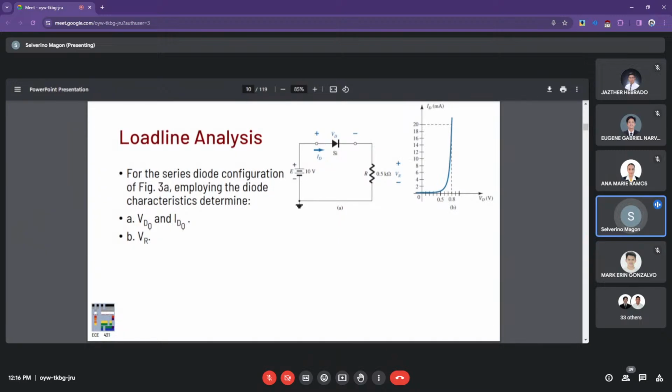Then we have 0.7 volts, or roughly 0.7 volts, for the diode characteristics. So first we look into the diode current.